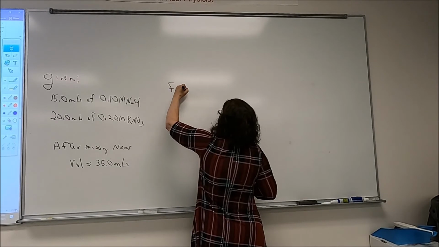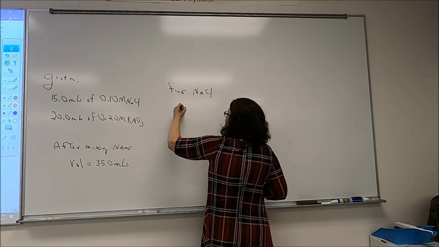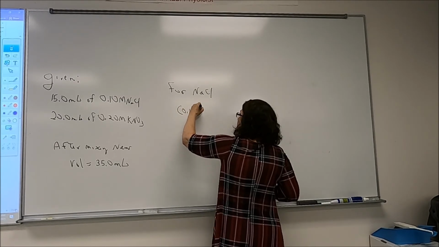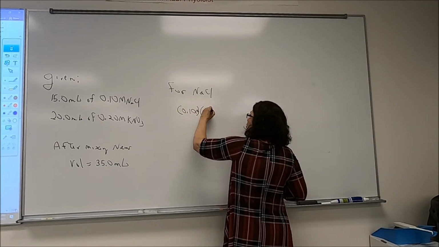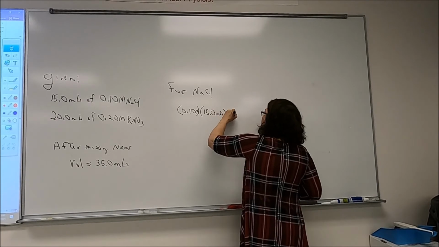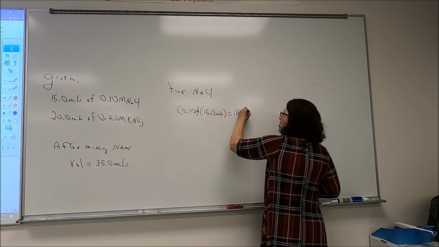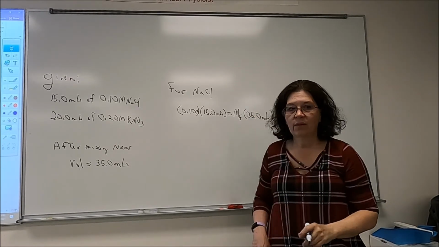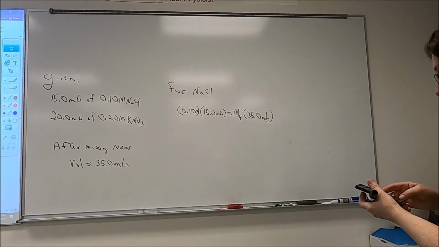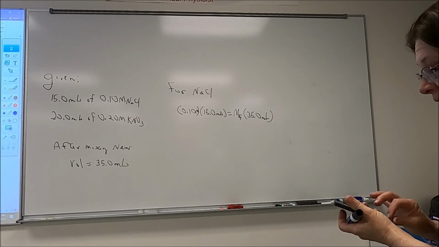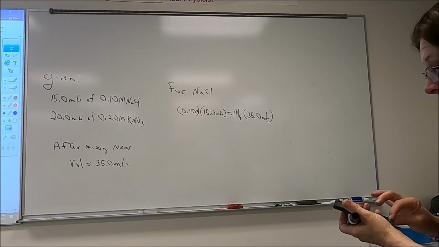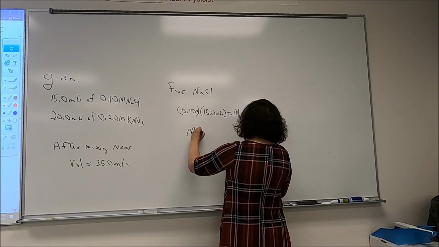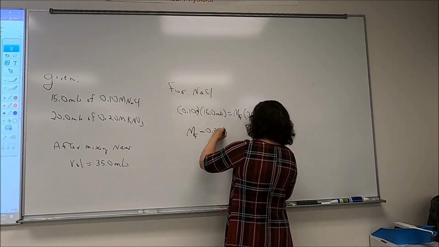So for the NaCl, molarity initial 0.10 times volume initial 15 milliliters has to equal molarity final times 35 milliliters. So 0.1 times 15 divided by 35. The molarity final here is 0.043 molar.